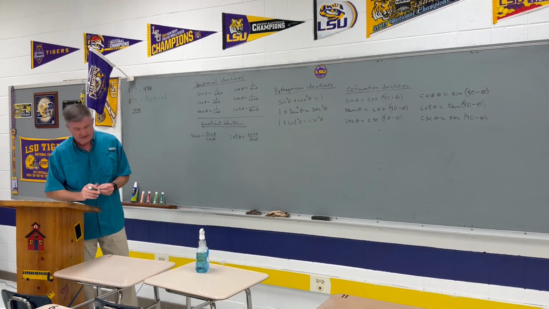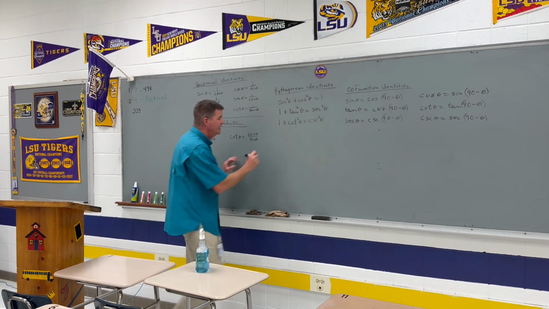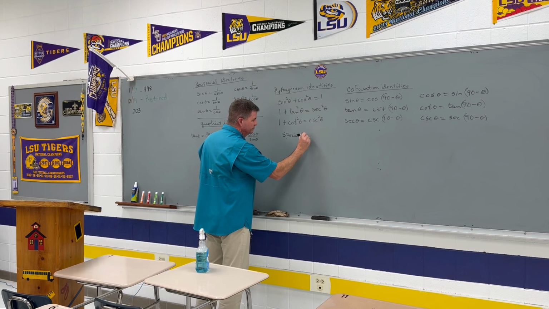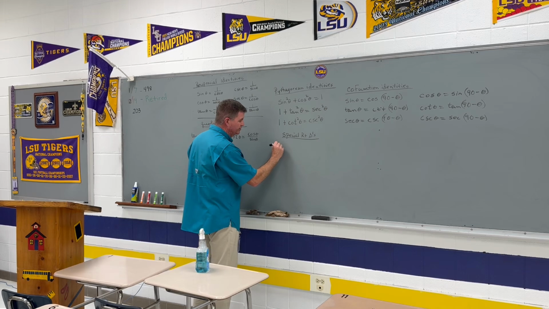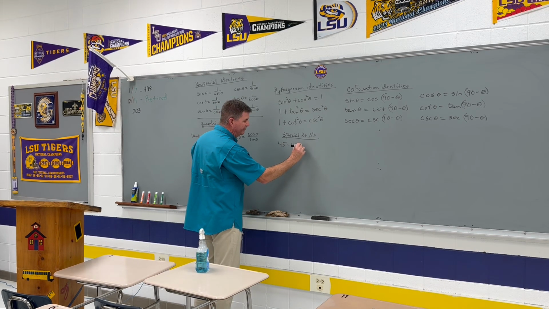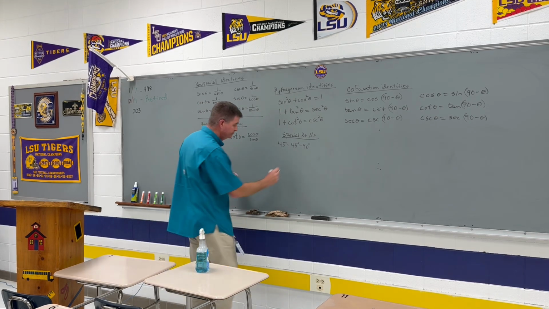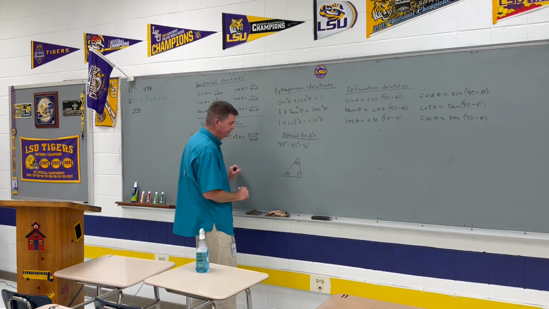The next thing I have is a little something that you can remember from geometry. It's with the special right triangles. The special right triangles are triangles that have the angle measures of 45, 45, 90, a right triangle which would look like this, with a 45 and a 45 and a 90.